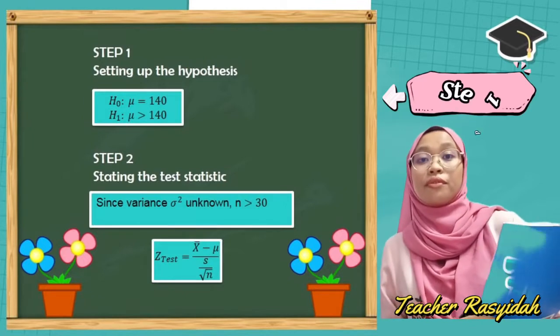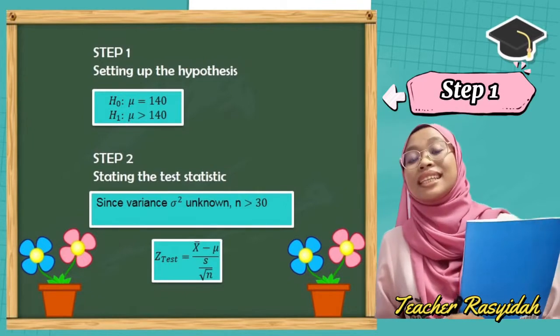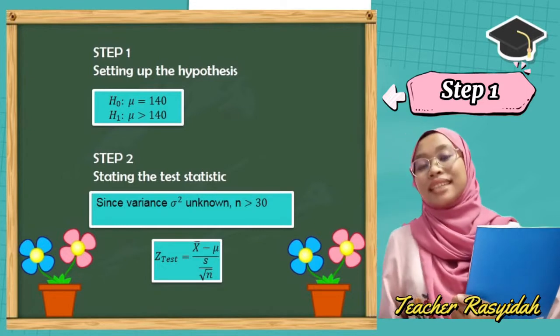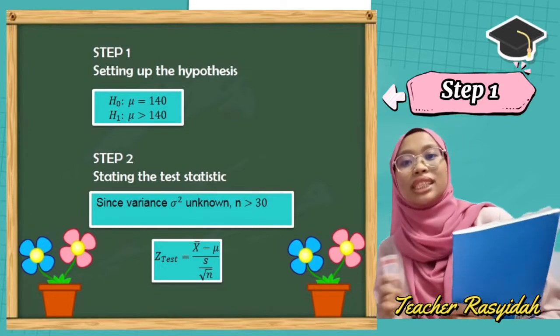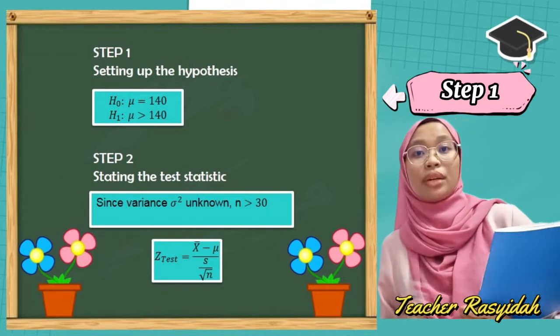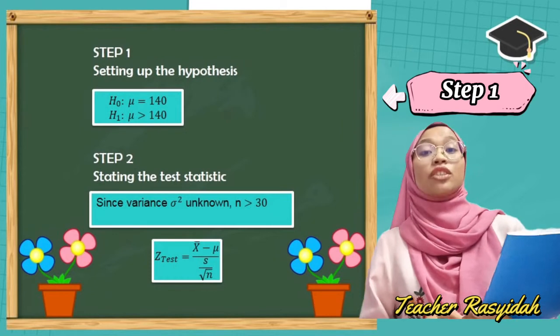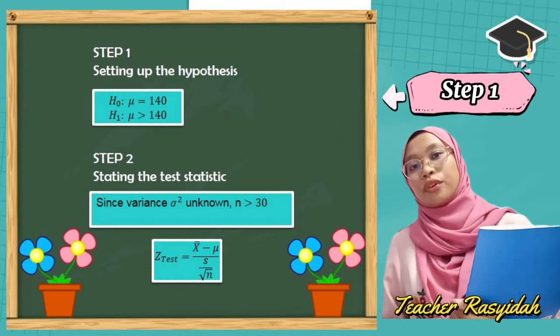The first step of the solution is that we must set up the hypothesis. The question states that we may conclude that the mean systolic blood pressure for a population of African Americans is greater than 140.